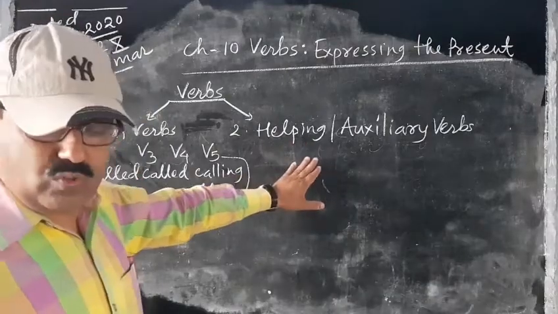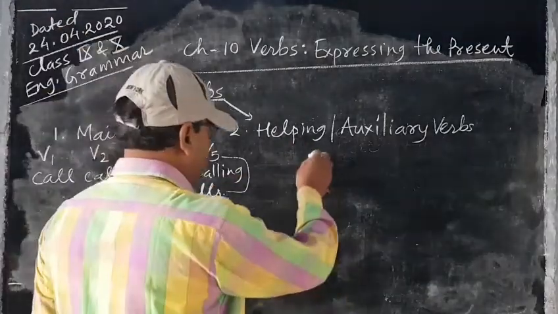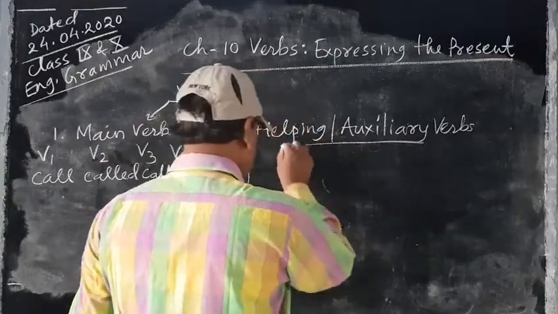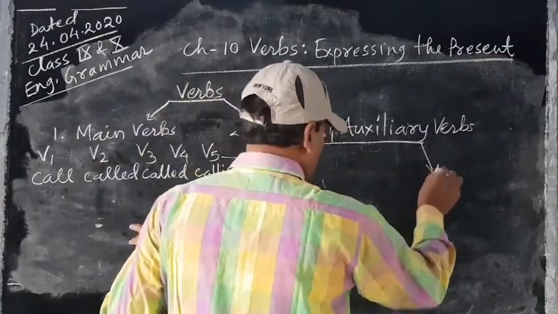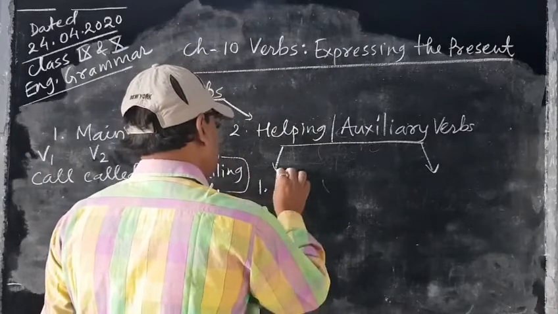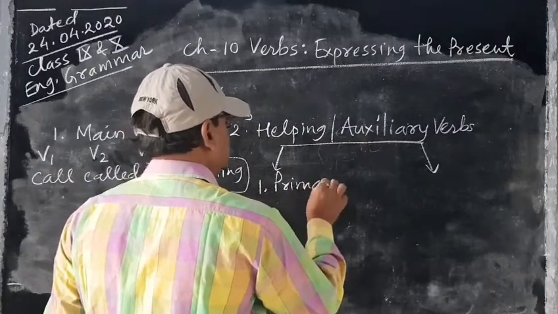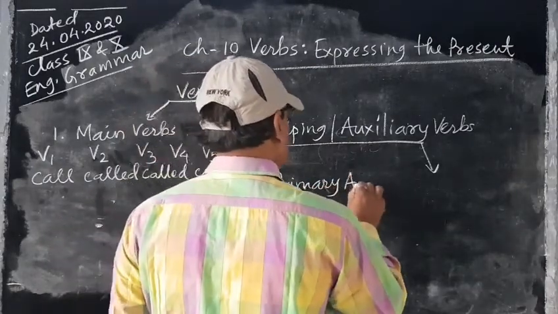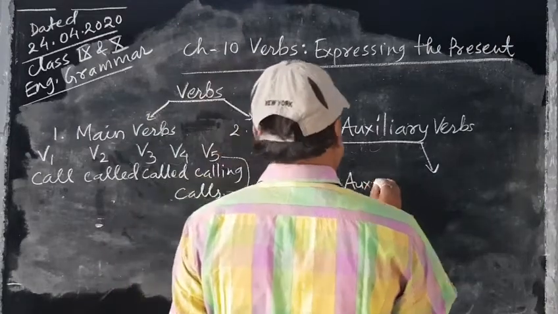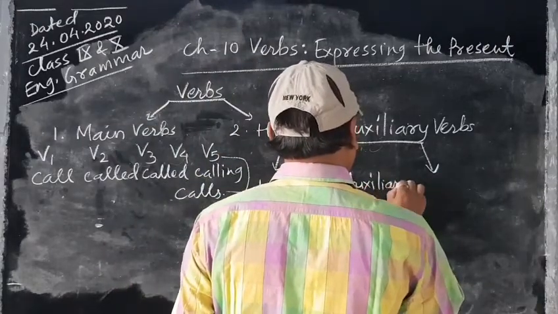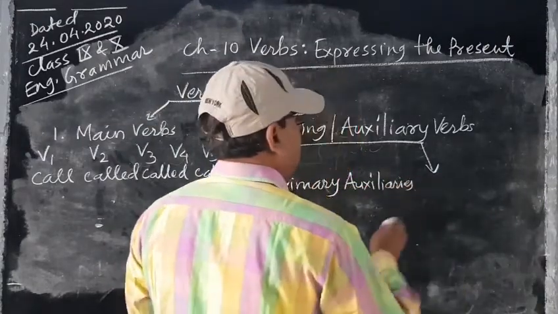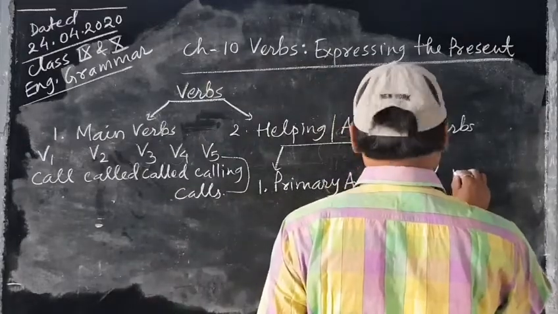Now we are going for auxiliary verbs, and there are 2 types of auxiliary verbs. First is primary auxiliaries, and the second one is modal.